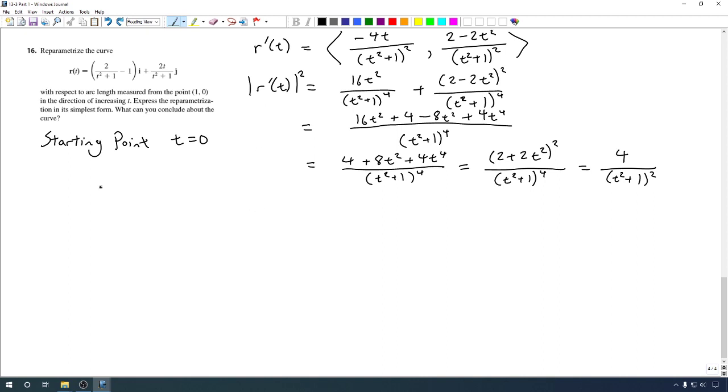So maybe I'll write it over here just for space. The magnitude of r prime is going to be the square root of that. We don't have to worry about any negatives here because t squared plus 1 is always positive. So the magnitude here is 2 over t squared plus 1.